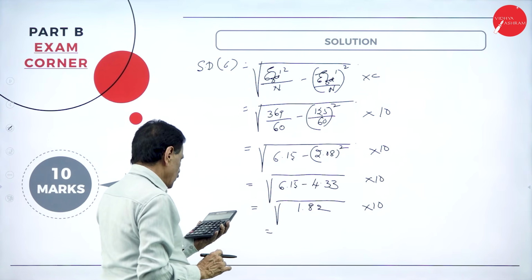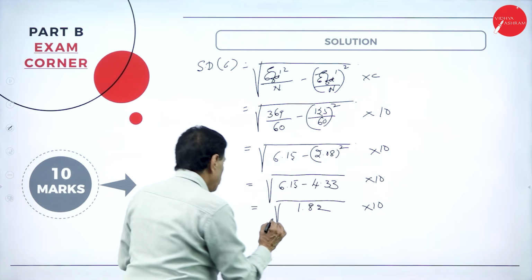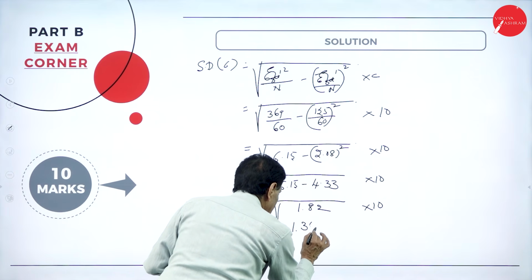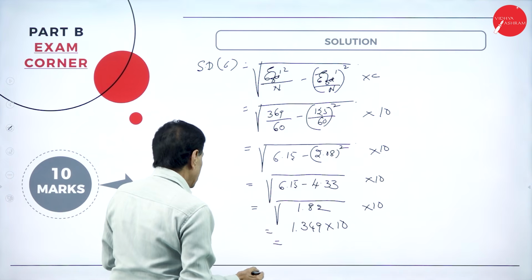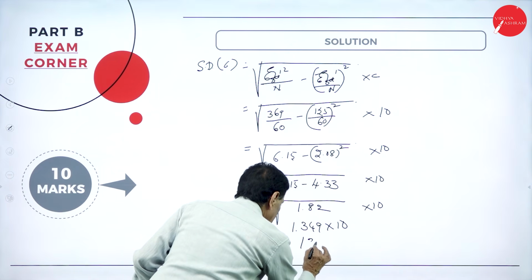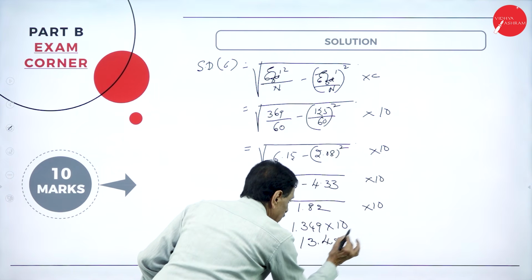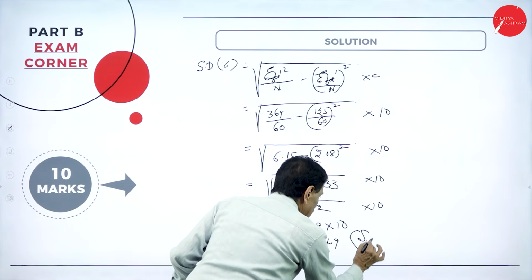Root of 1.82 is 1.349, into 10. It works out to 13.49. This is your standard deviation.